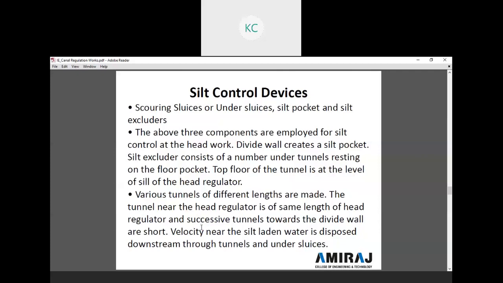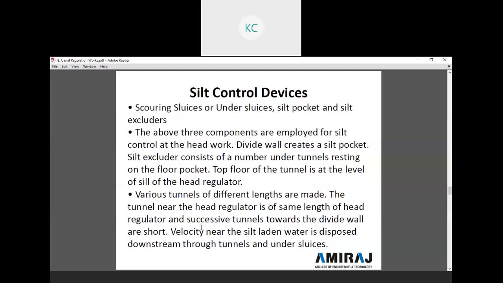So three different kinds of work are assigned to the scouring sluice, silt pocket, and silt excluder. The scouring sluices and the silt pockets are constructed at the downstream level of the head regulator, while the silt excluder is constructed upstream of the head regulator.